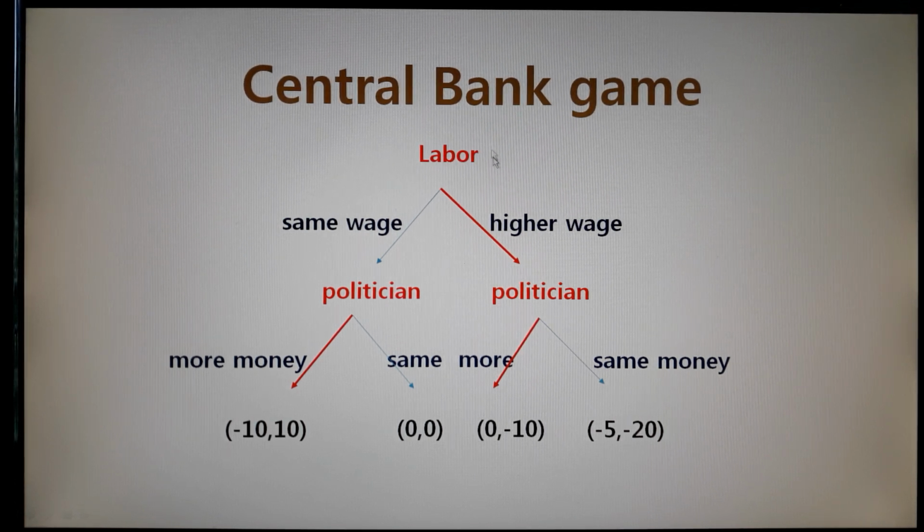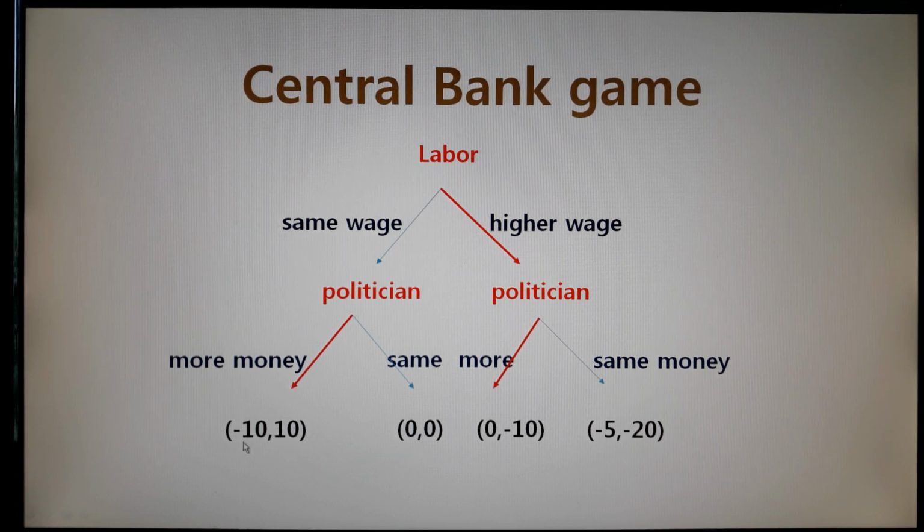Knowing that, the labor union, even though it has to move first, can, by backward induction, know that politicians always print out more, whatever the labor union may do. So, if politicians make more money when the labor union maintains the same wage, the labor union gets -10. Higher wage, more money, 0.